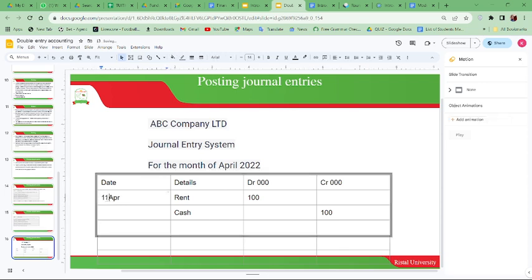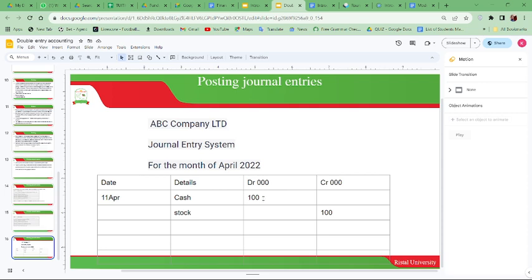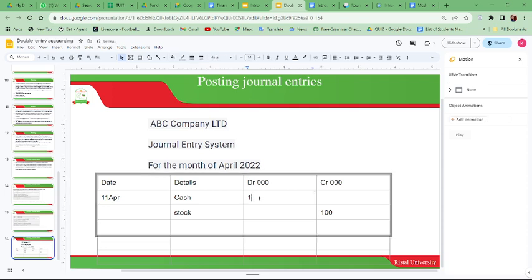The date is 11th of April. We have cash, and then we have the stock account. The amount is 300,000. The cash is receiving, it is increasing, so you put it under the debit side, 300,000.